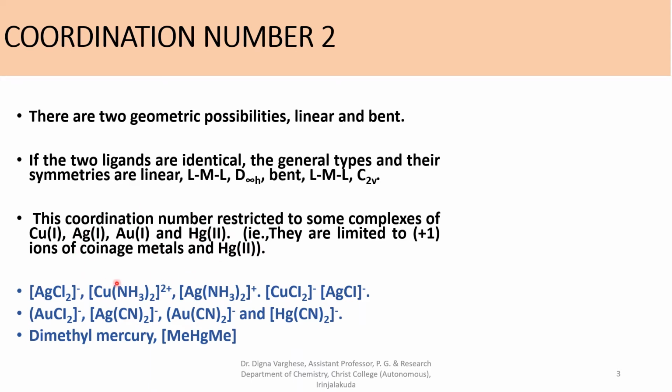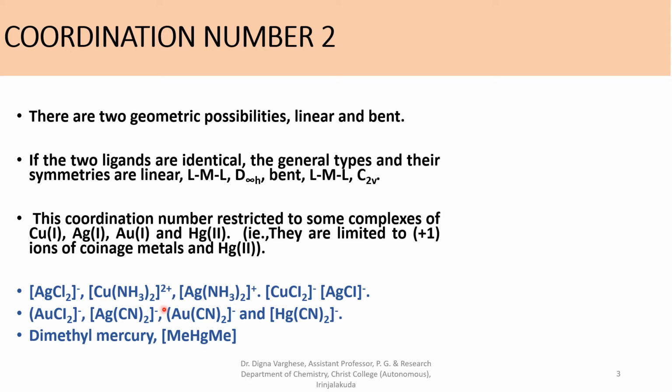Some examples are given here: [AgCl2]-, [Cu(NH3)2]+, [Ag(NH3)2]+, [CuCl2]-, [AgCl2]-, [AuCl2]-, [Ag(CN)2]-, [Au(CN)2]-, and [Hg(CN)2]. Dimethyl mercury, Me2Hg. These are some examples of coordination number 2.